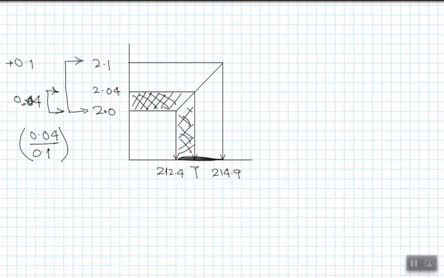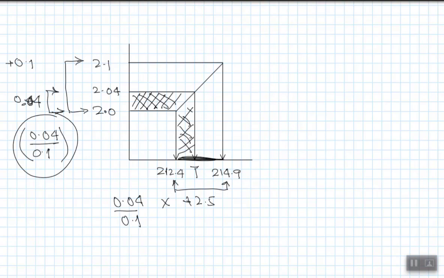So if I find this percentage and multiply it over this difference, which is roughly equal to plus 2.5, that is, if I multiply this percentage, 0.04 divided by 0.1, with 2.5, it will give me a value equal to 1.0 over here, which will be the value of this portion.